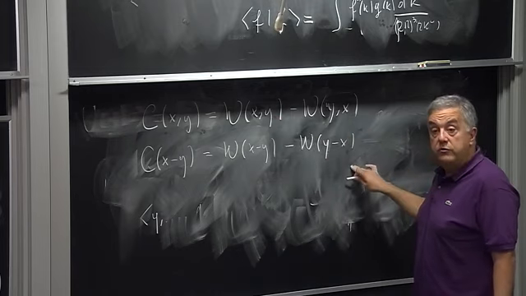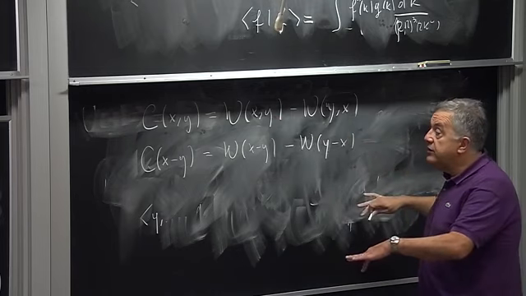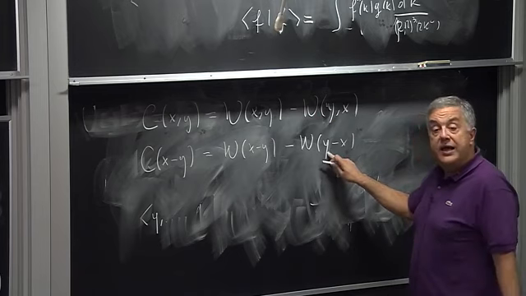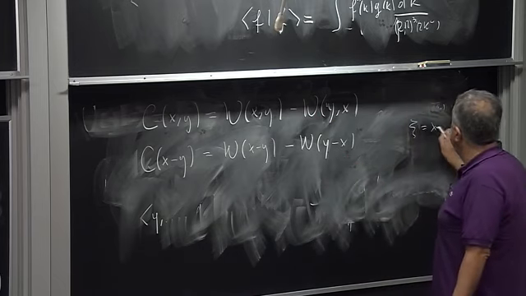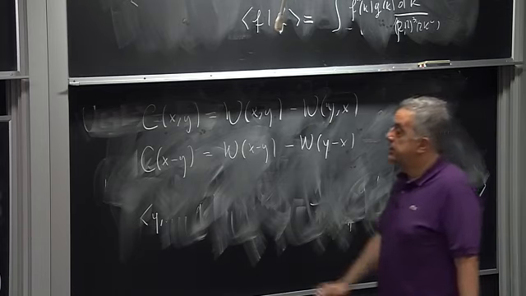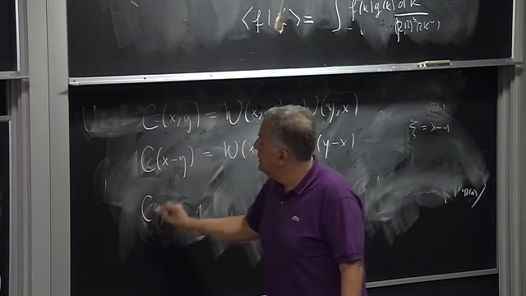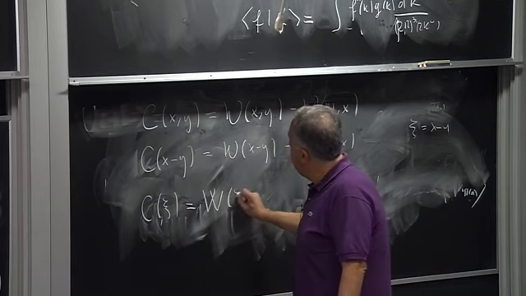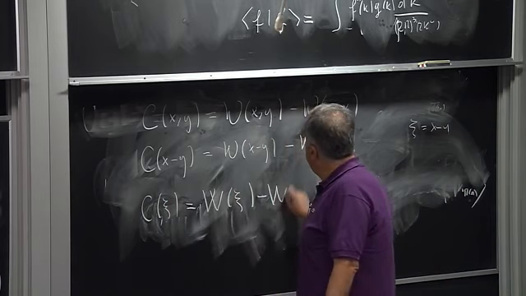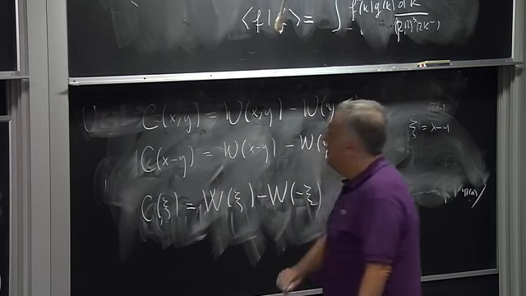This is the permuted two-point function. Let's Fourier transform with respect to this variable x minus y. So I call psi the variable x minus y. So here I get C of psi, the commutator, is W of psi minus W of minus psi. Okay?